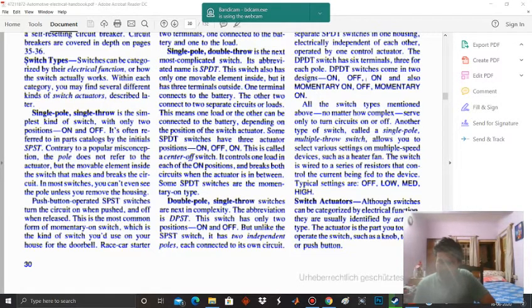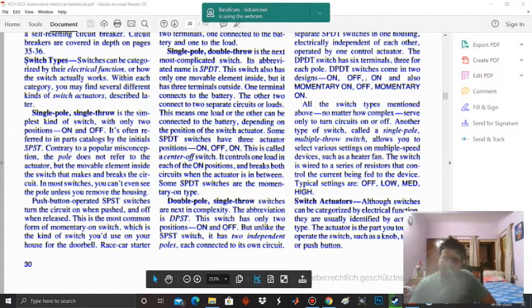Suppose the first speed level is 50 rpm, then 100 rpm, then 150 rpm, then 200, like this. So the number of positions will increase as the speed range is increasing. For that you need single pole multiple throw switches.